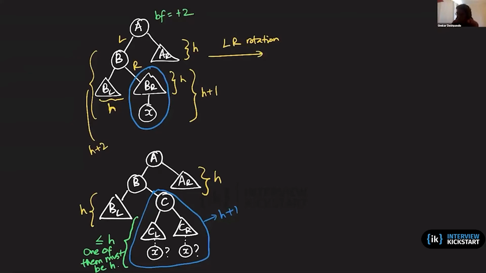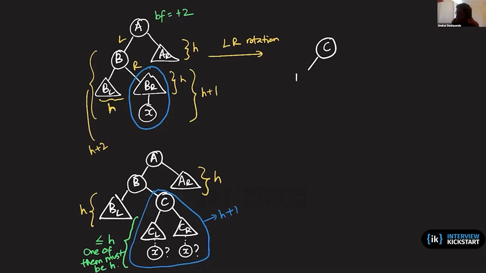So let's see what happens when we do an LR rotation, exactly like we did with the grandparent. So we have to focus on the Inorder Traversal here. So B will be followed by C followed by A. So C is in the middle, and so when we do the LR rotation, C will be in the middle. That means it will go on the top.